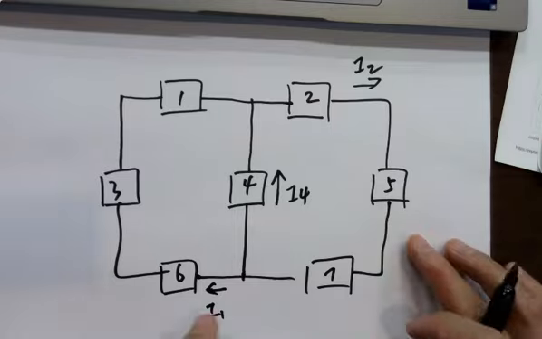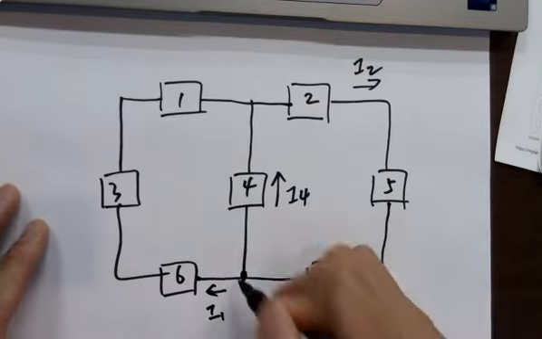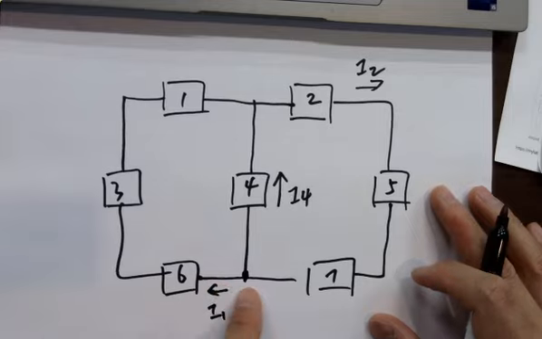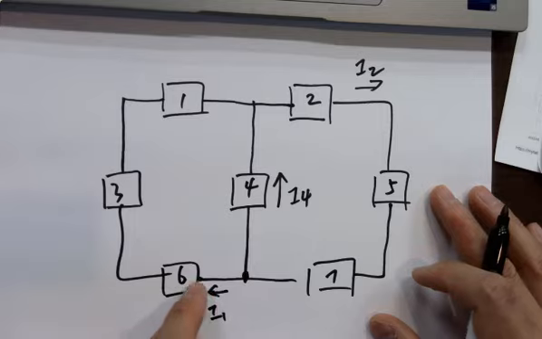When you label, you have to be careful since there's a junction here. If a current is labeled on the left side of the junction, it has to stay on the left side. You cannot move it a little to the right across the junction. That will be wrong, because that's just a branch current here.